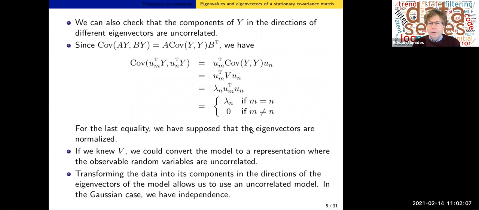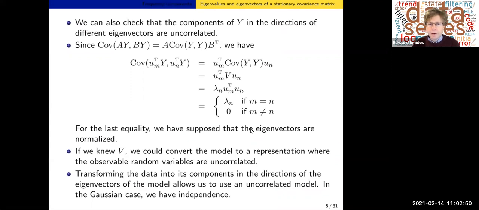Now, this eigen decomposition, the orthogonality of the eigenvectors, has the consequence that the components of y in the directions of different eigenvectors are uncorrelated. And if we want to do the little algebra to check this, we know that the covariance of AY with BY is A cov YY B transpose, and then if we set A and B to be the eigenvectors, we can take them outside the covariance, use the property.